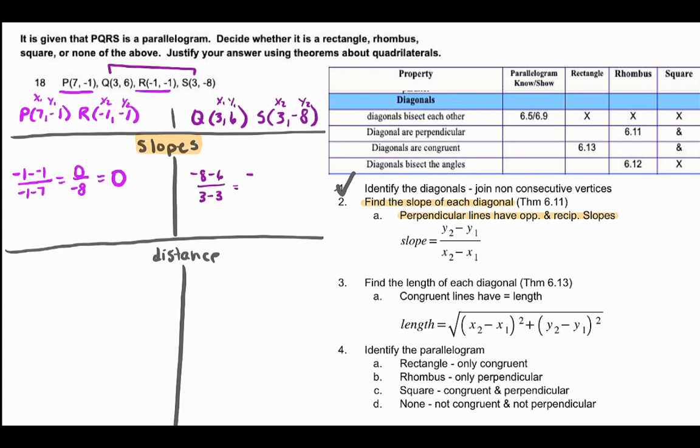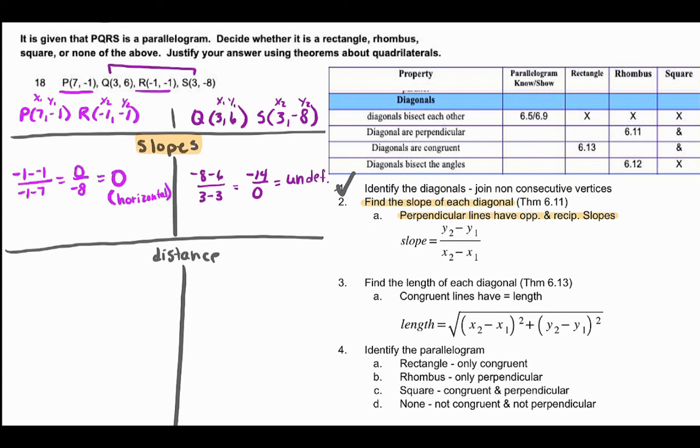So this is negative 14 over 0, which is undefined. Now, keep in mind that undefined and 0 are not opposite reciprocals. However, when we have a slope of 0, we have a horizontal line.